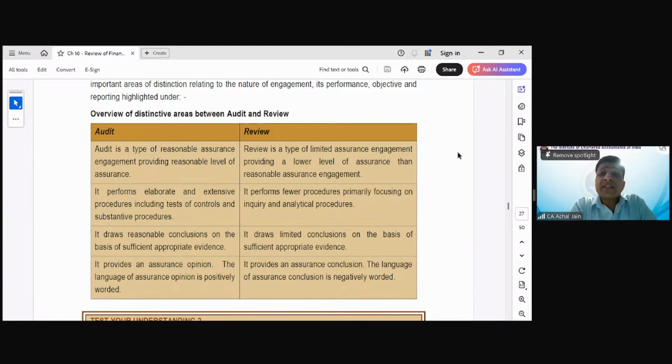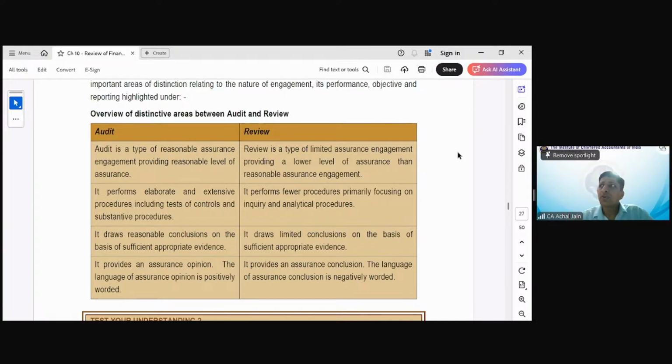See, whatever is required in case of financial statements for the year, or you can say whatever is required specifically to be reported upon by the statutory auditor under an audit, only those things will not be required for the interim period.